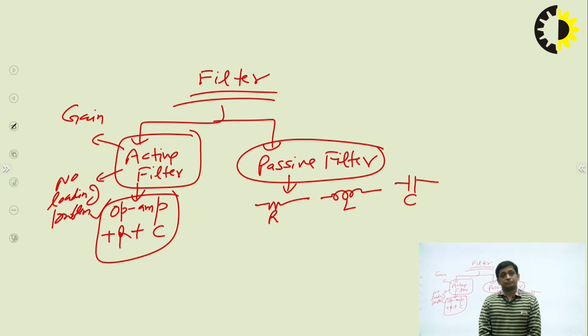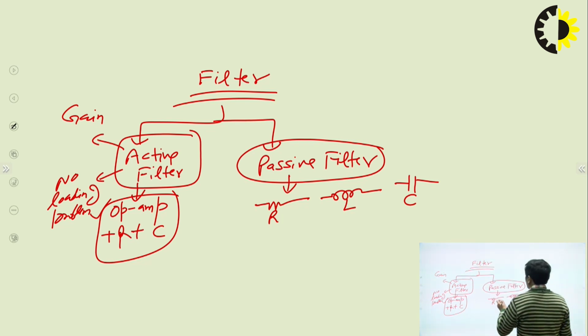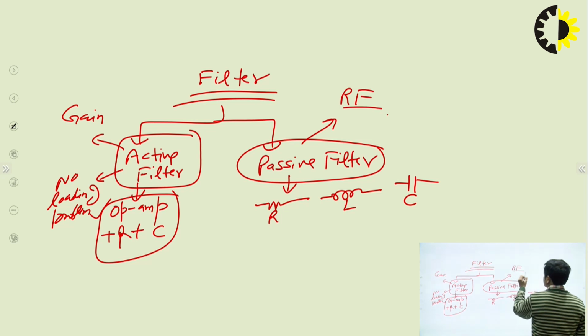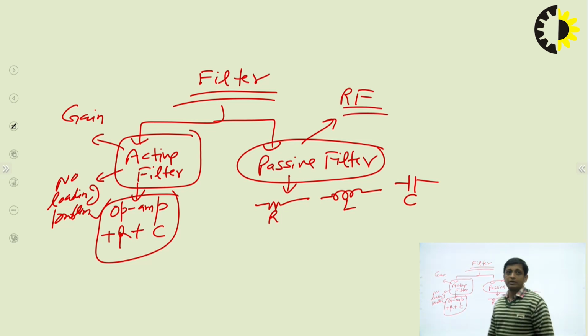And obviously, the drawbacks of the passive filters are it attenuates the signal and there is loading problem in passive filters. But there is one advantage of passive filter also. That advantage is passive filters are used at high frequencies like radio frequencies. The reason is that passive filter consists of inductor, but active filter does not use inductor.